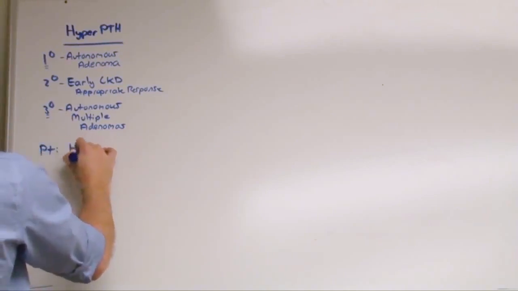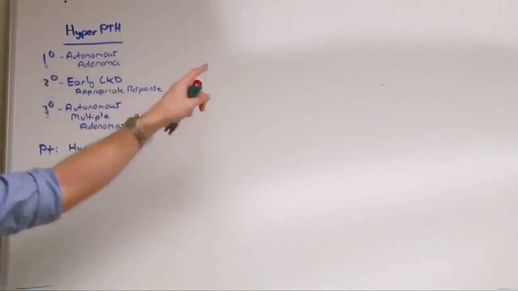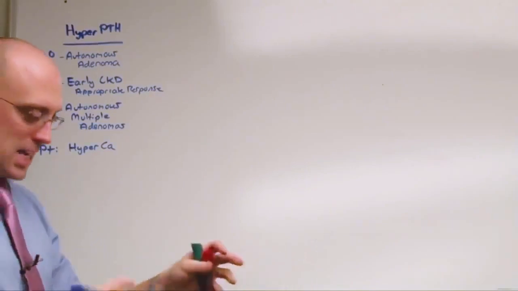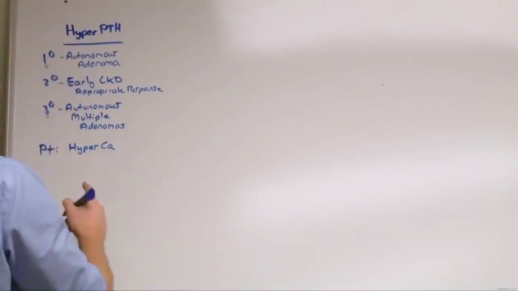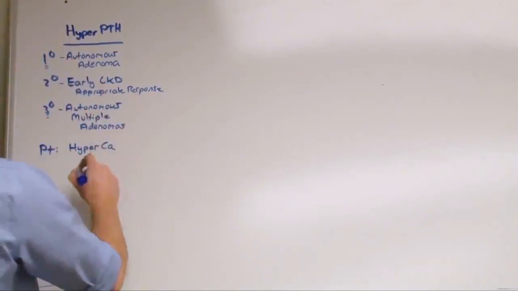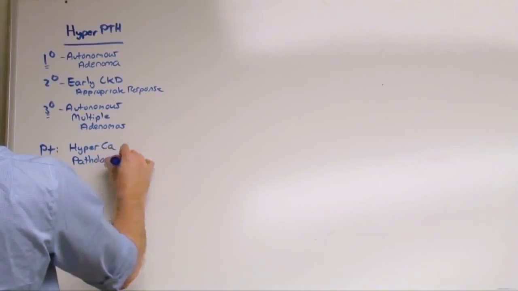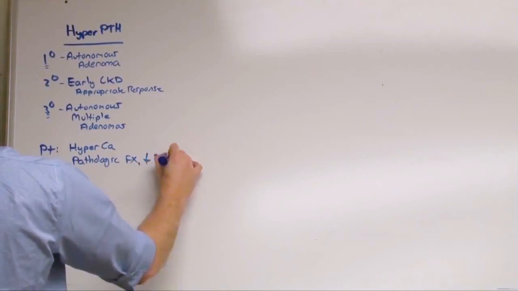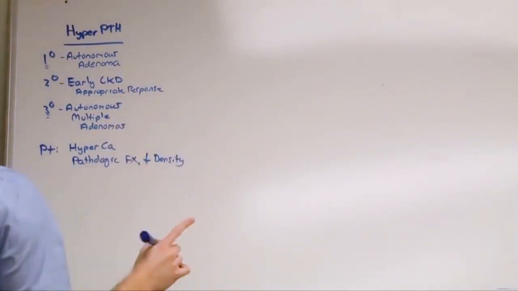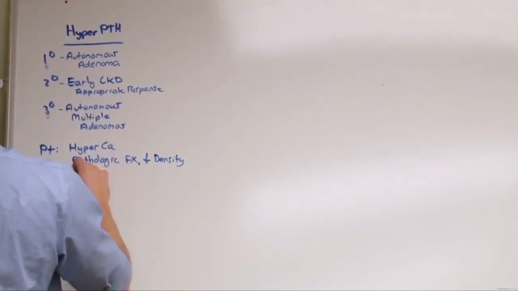with, of course, hypercalcemia. But because parathyroid hormone goes to the bone and starts turning over the bone, the patients may present with hypercalcemia and pathologic fractures because of decreased bone density, or, unique to hyperparathyroidism, the brown tumors.